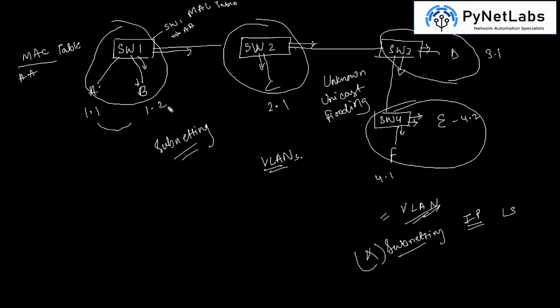So now even if you configure the whole topology with the same network, let's say 1.1, 1.2, then after that 1.3, 1.4, and similarly 1.5 and 6, even in that case also, we can avoid this flooding using VLANs. I hope it is clear now.